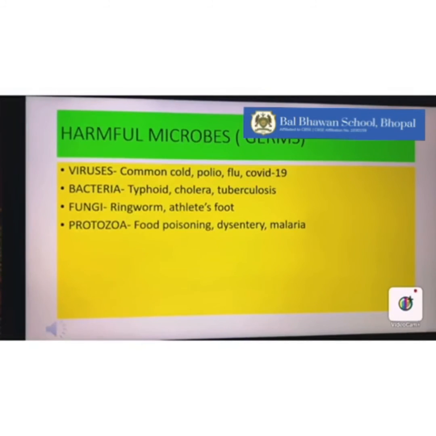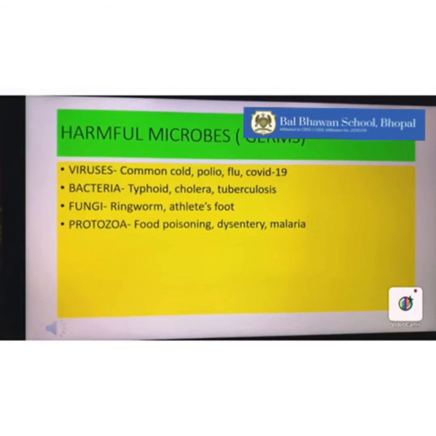The disease which is a pandemic now, it is due to a virus. Now bacteria, there are certain bacteria which cause diseases in us like typhoid, tuberculosis, and cholera. And there are certain fungi which cause diseases like ringworm, athlete's foot.